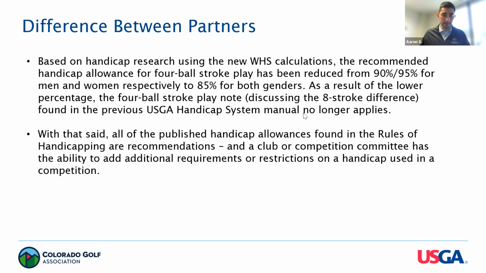Okay, that being said, we know if we have a scratch golfer and somebody who's a 54 handicap who enter an event, they're most likely going to win a couple things, maybe.